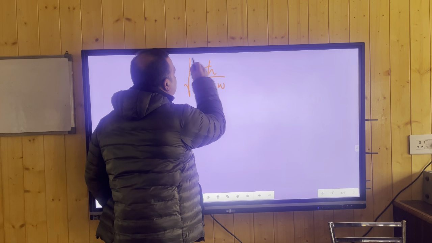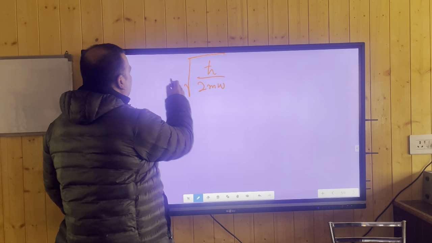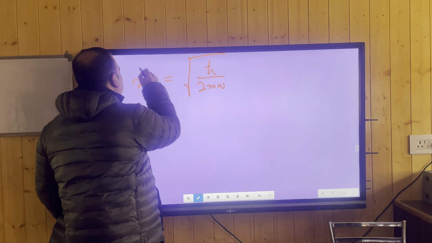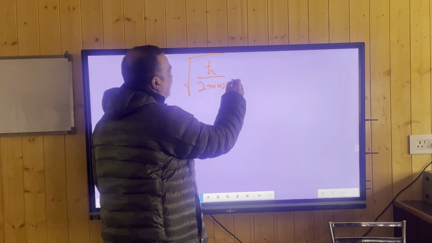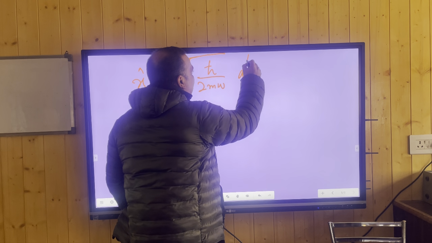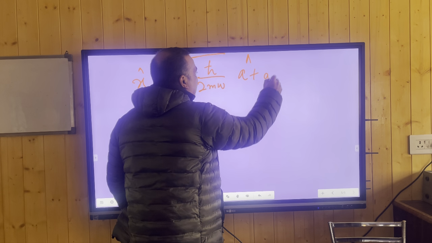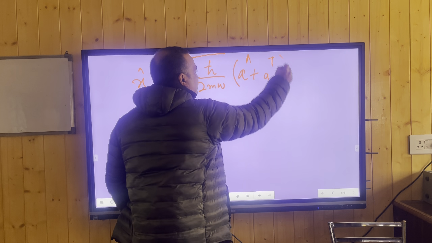This whole thing is in the root, and on the left hand side you have x cap, and you will be multiplying this with the annihilation operator A and the creation operator A dagger.